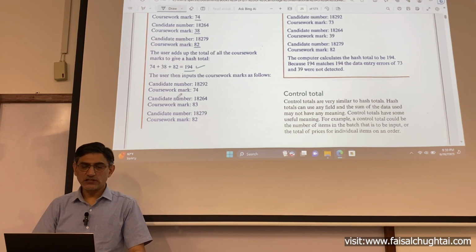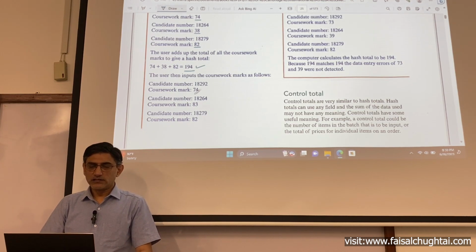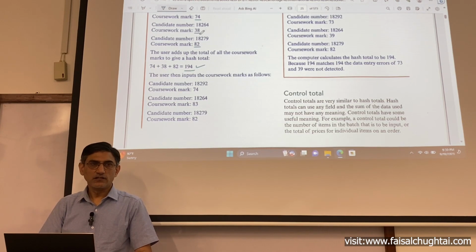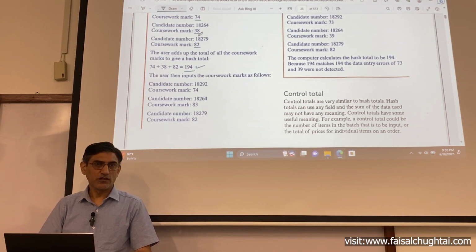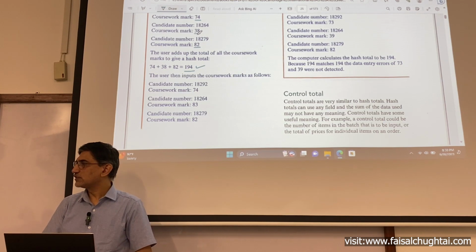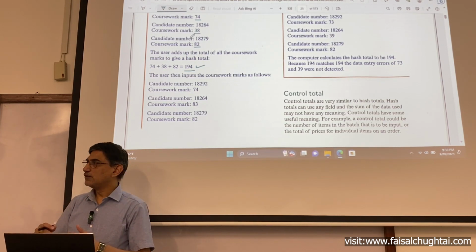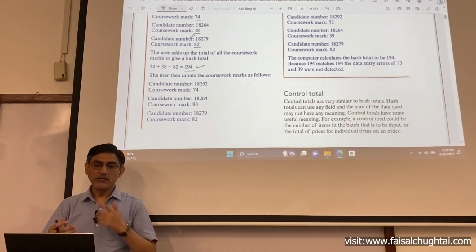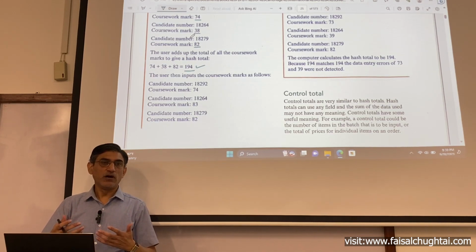So, say for instance, 74 is changed to 83 and then 82. Here, the marks have been swapped around. The actual mark for this candidate was 38, but while entering it into the computer, the operator made a mistake and he input the marks as 83 instead of 38.